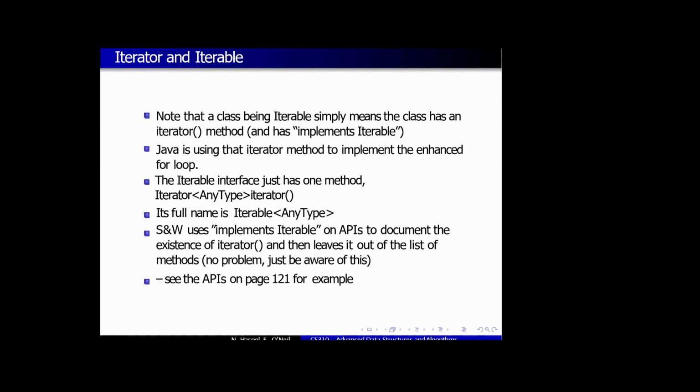Okay, so it's there though. So this is normal, but you might not realize it when you're seeing implements iterable. That means there is this other function. Okay, so you can see the APIs on this page. Any questions on that?